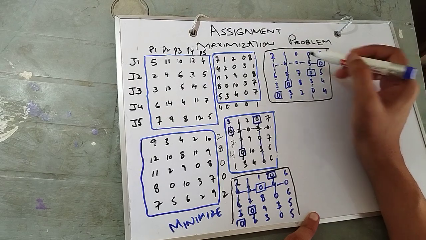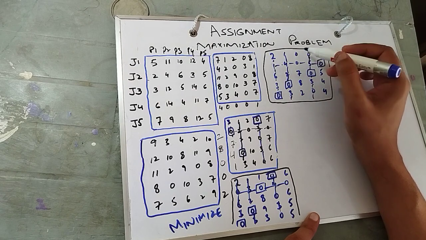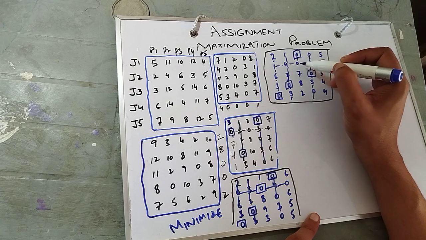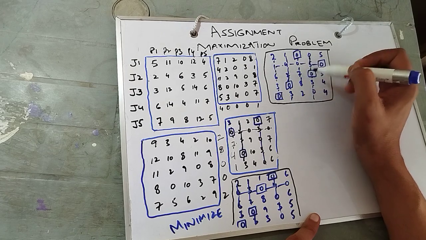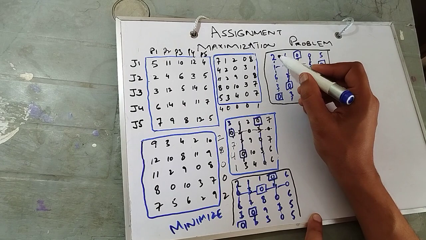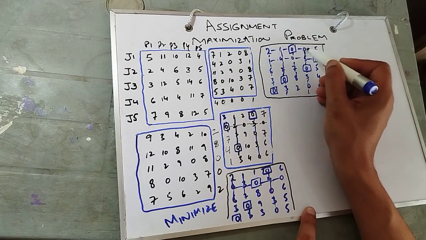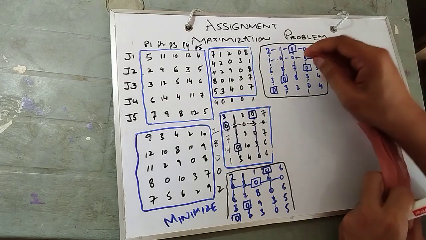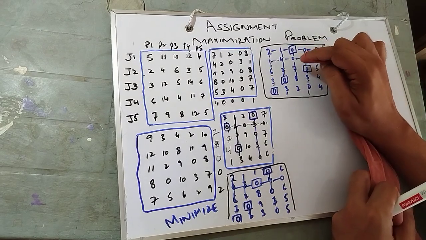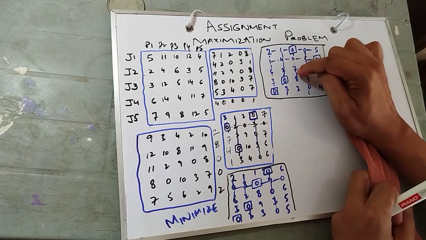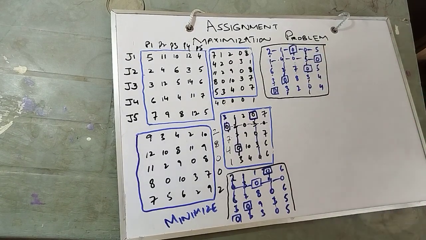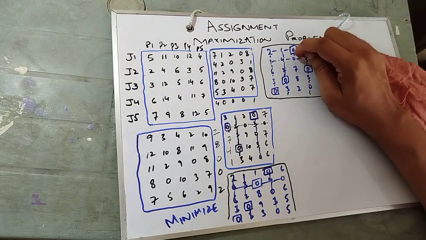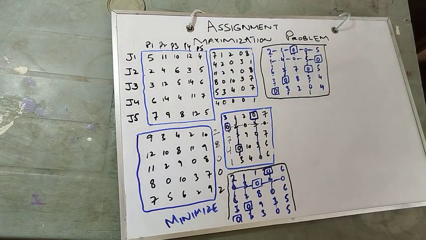So now we are left with the 1 zero in this whole column. So we can assign this as well. When we assign this, the whole column would be cut. So lastly, let me reiterate what we did.